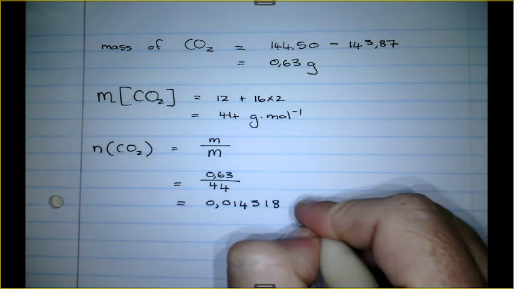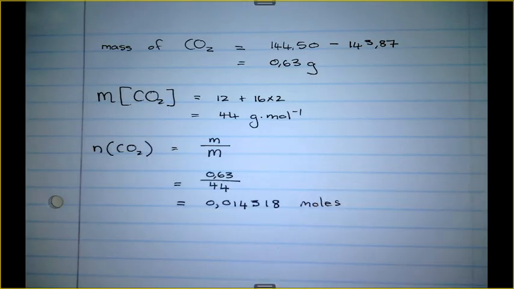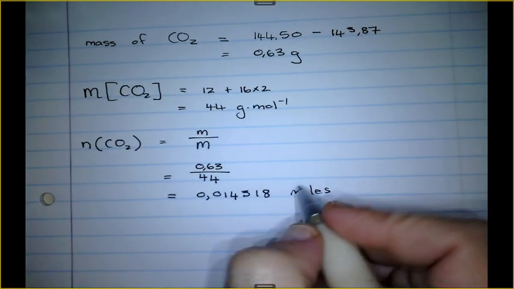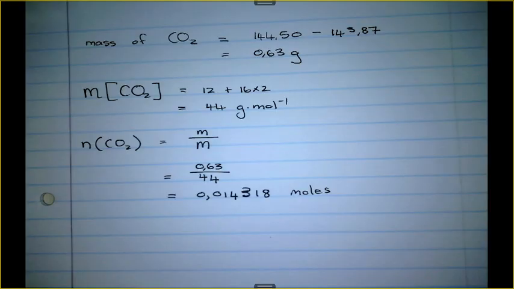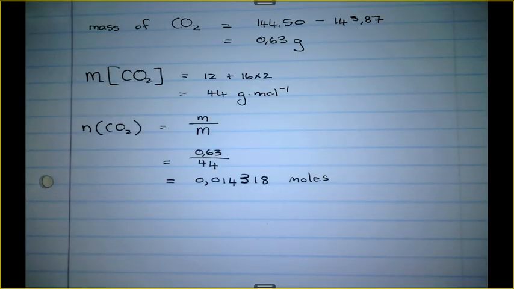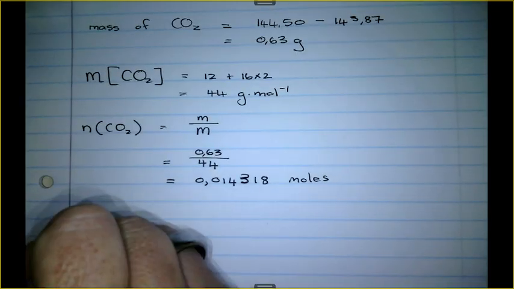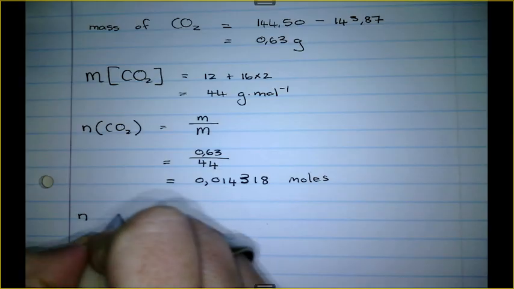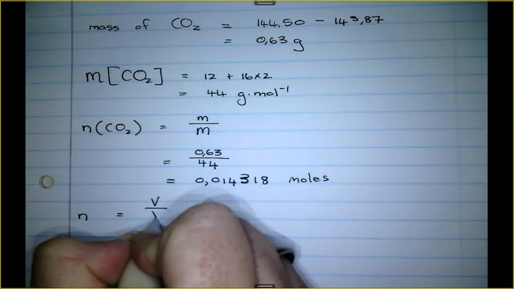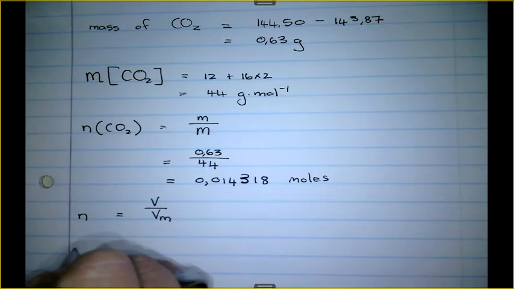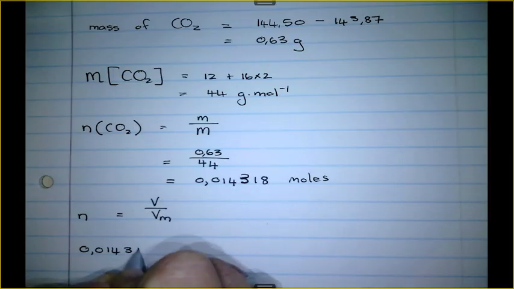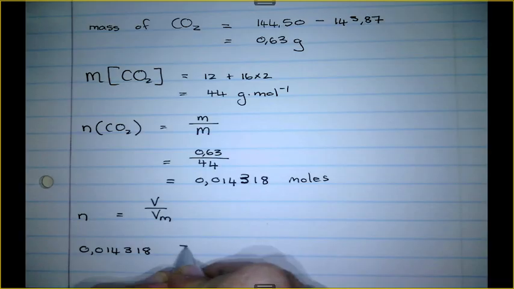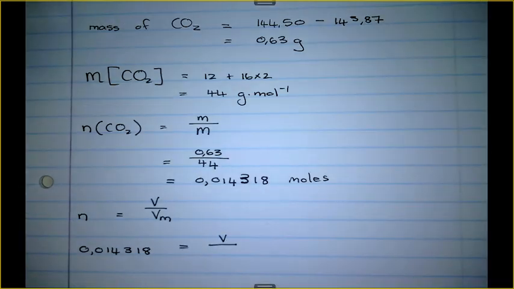Okay, so that means 0,0143 and change moles of carbon dioxide was produced. They want to know what volume that is. Again, I would be careful not to write the formula, just in case. I want you guys to try and leave these values in your calculator, okay?